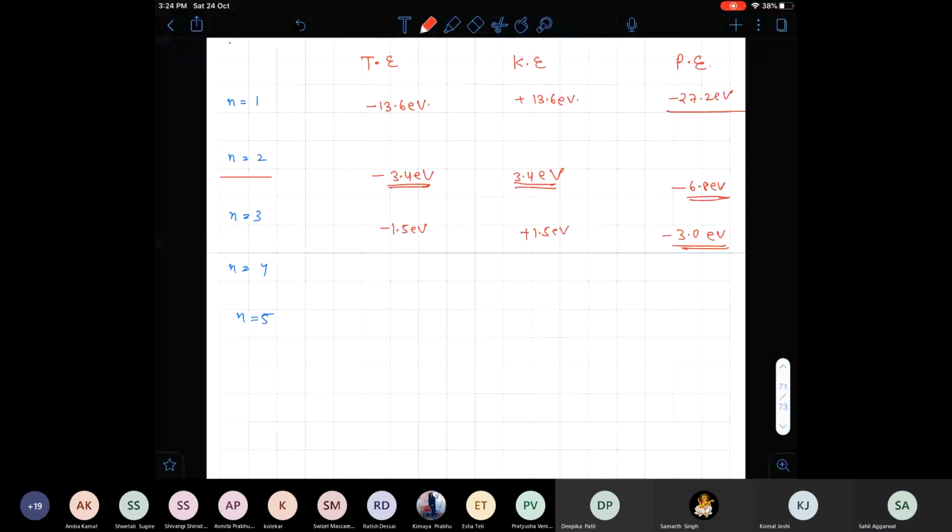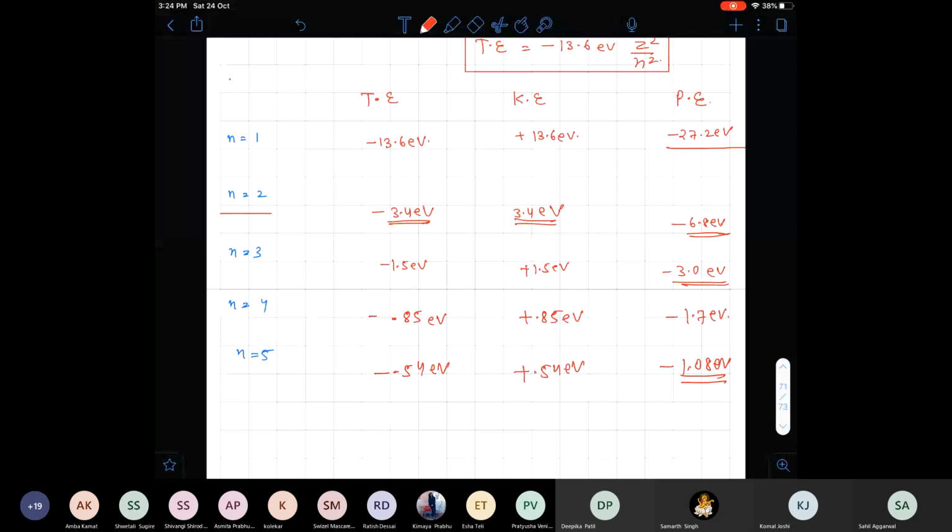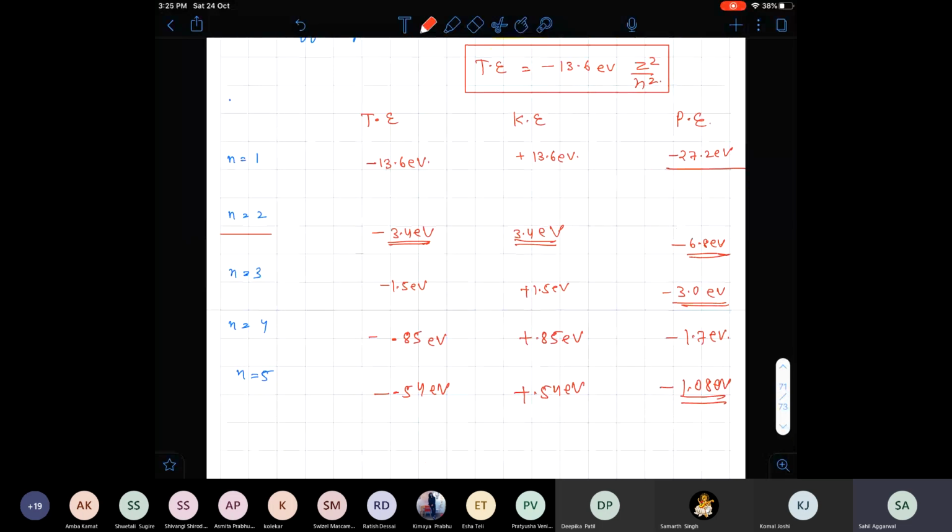Write down all of them now. You have to remember up to five. Understood? Any doubt till here?